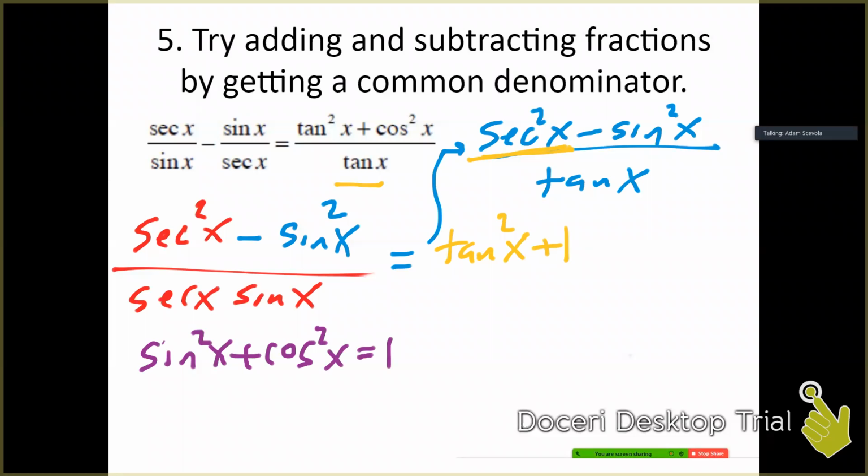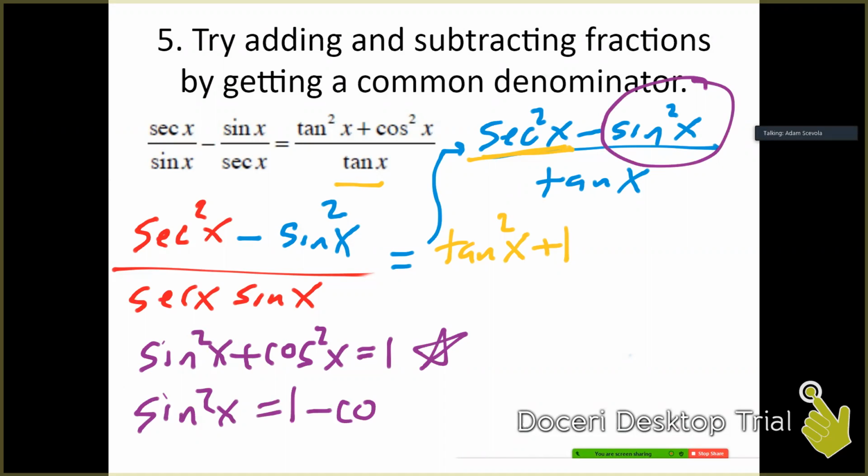Now this right here is really like 3 identities. It's sine squared plus cosine squared equals 1. It's sine squared equals 1 minus cosine squared. It's cosine squared equals 1 minus sine squared. So when you see just sine squared, you could replace that with 1 minus cosine squared.